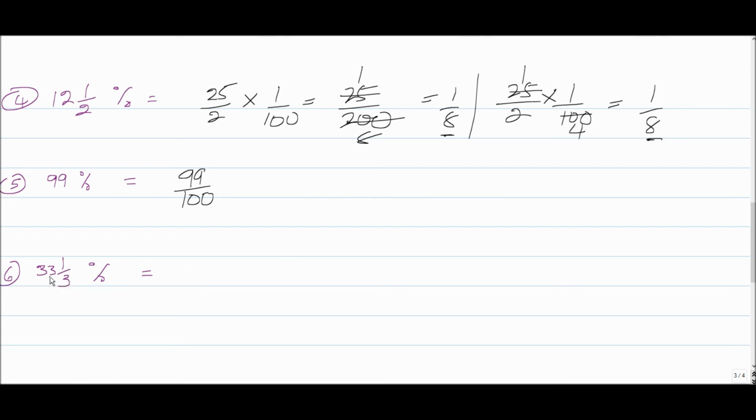So 3 times 33 is going to be 99, and 1, we have 100 over what? 3 multiplied by 1 over 100, and we could quickly cancel 100 into 100 one time, 100 into 100 1. So 100 cancel 100, 1 times 1 1, and 3 times 1 3. So our answer here is a third.